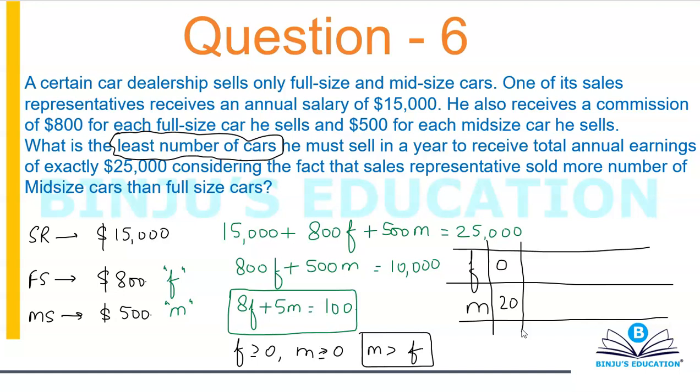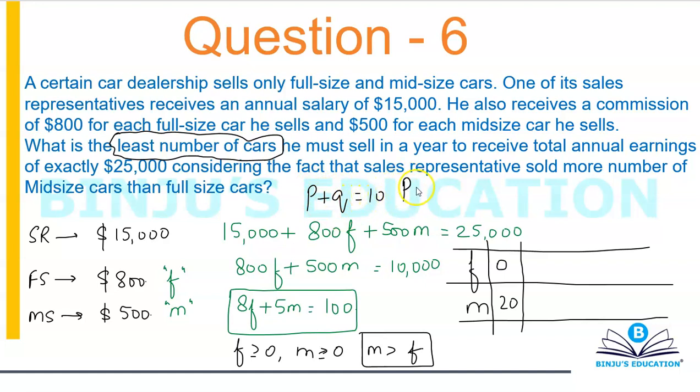Now let's use our logic. If I increase the value of f, can I say the value of m will automatically decrease? Yes or no? Because the sum of the two quantities is constant. For example, p plus q is 10.